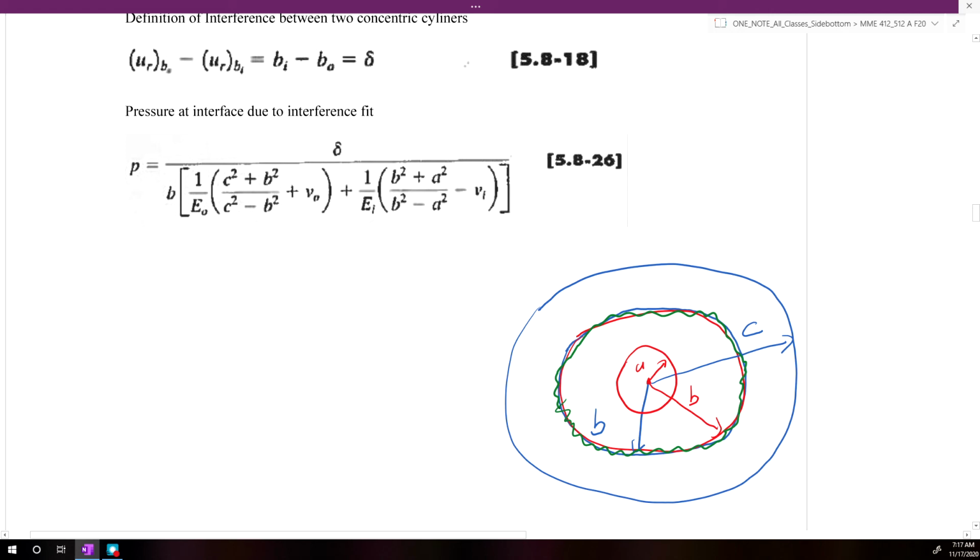That applied displacement is called the interference, which we'll denote with our delta term.